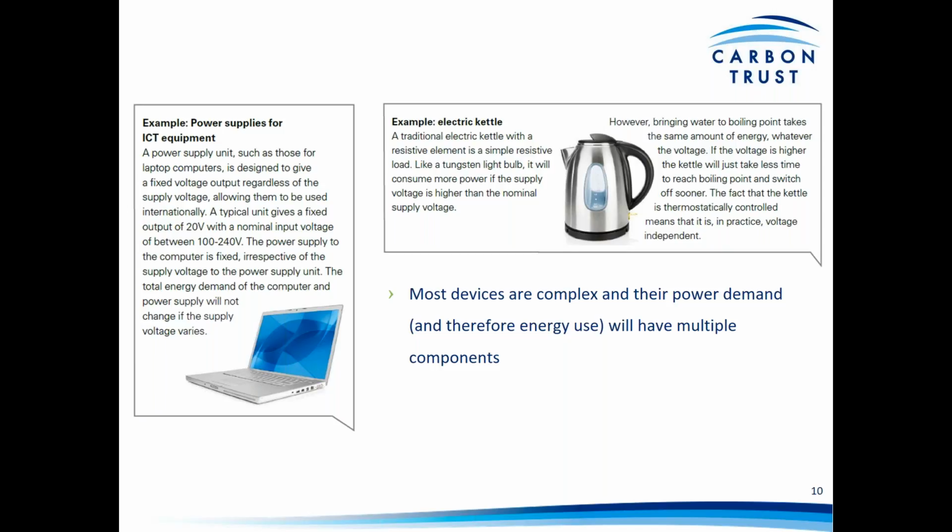So what will happen is, if your supply voltage is higher, then the kettle will simply take less time to reach boiling point, and vice versa. If you did install voltage management and drop the supply voltage down, the only effect on the kettle you would see would actually just be that it takes slightly longer to bring the water to the boiling point. So this is where control comes in. So the fact that the kettle is thermostatically controlled means that it is in practice voltage independent.